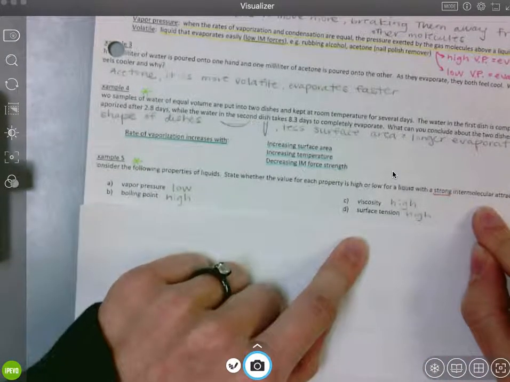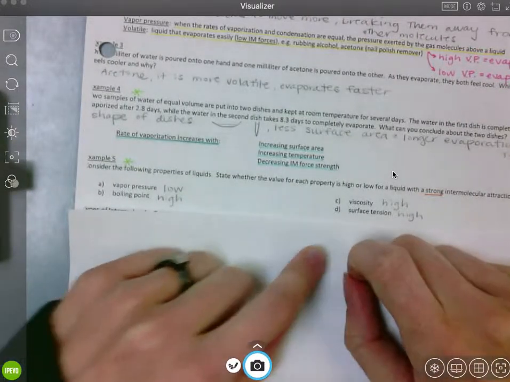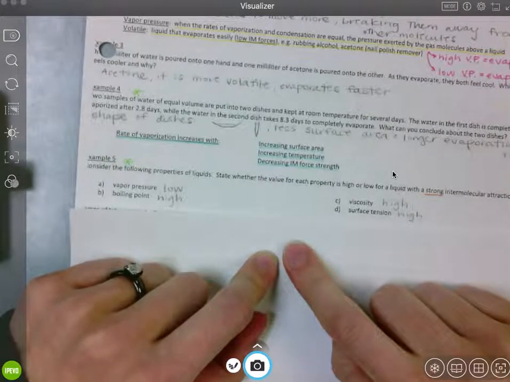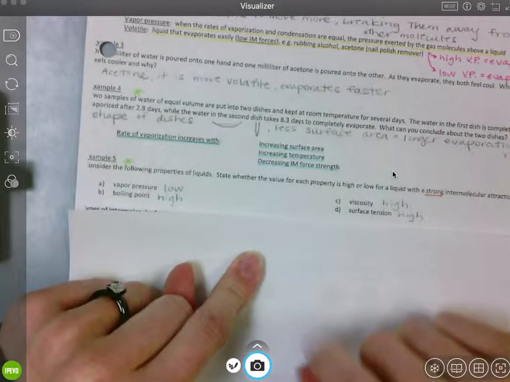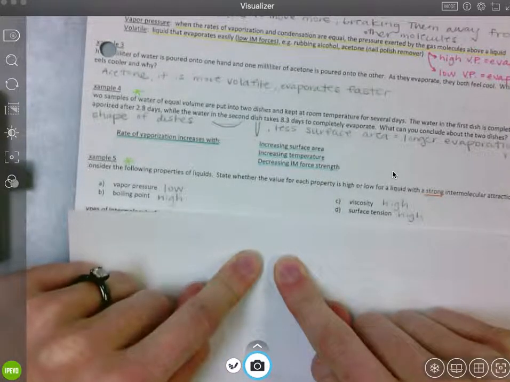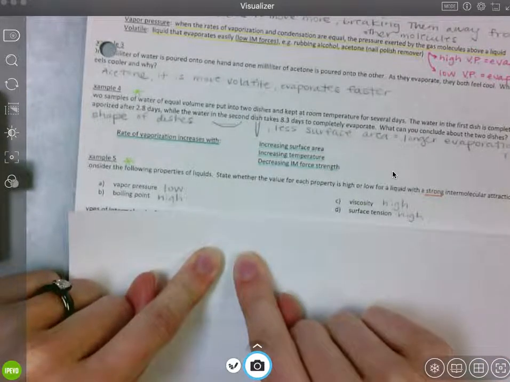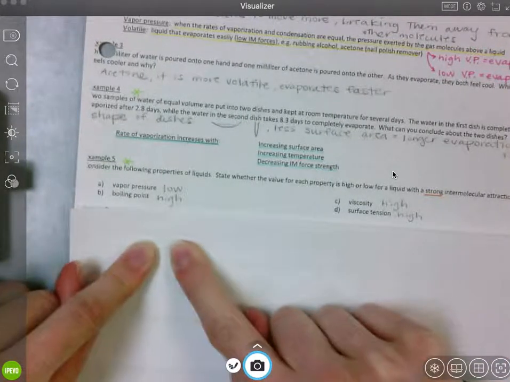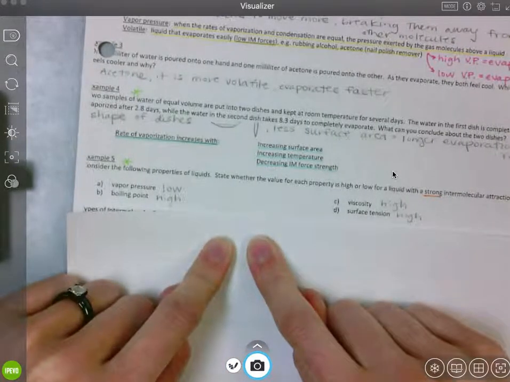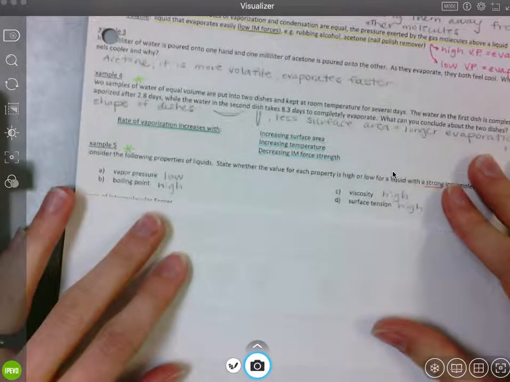If we have strong intermolecular attractions, our viscosity is going to be high. So if we have a molecule here and its friend is next to it and they're holding hands really tightly, we don't only have to move this molecule, we have to move the other molecule as well if we're flowing. So they have to move together because they're holding hands really tightly. Now imagine that with tons and tons of molecules.